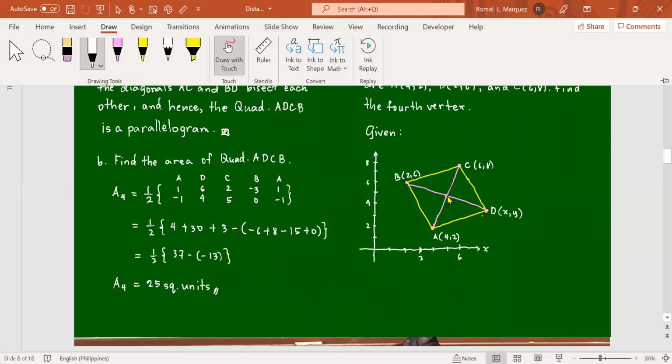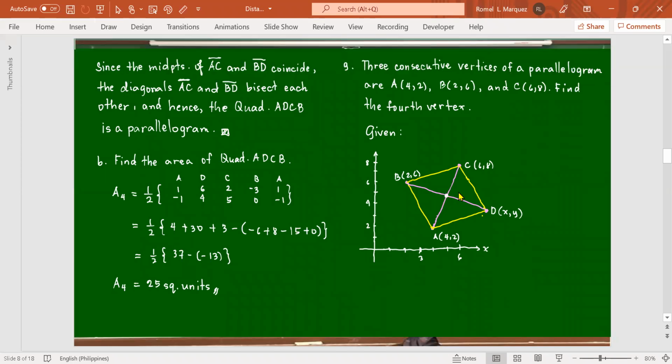Yes, sir. So the midpoint of AC must be equal to the midpoint of BD.